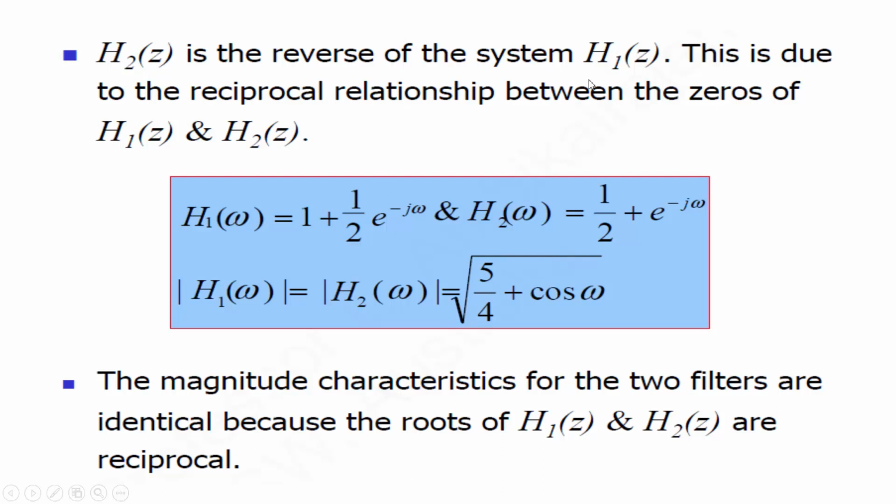When there is a reciprocal relationship between the zeros of the two systems, that means one is just the reverse of the other. Once you take the reciprocal of the zero for one system, you get the other system. In that case, the magnitude response will remain the same for both systems. The magnitude characteristics for the two filters are identical because the roots of H1(z) and H2(z) are reciprocal.